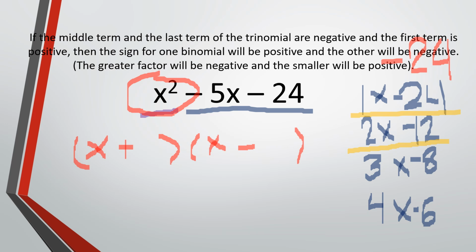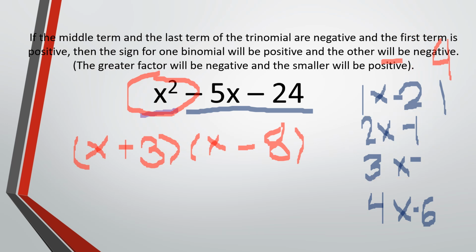Therefore, that is not the exact factor. But if you have positive 3 and negative 8, the sum is negative 5. Therefore, those are now our factors. We have here 3 and 8. That is now our answer.